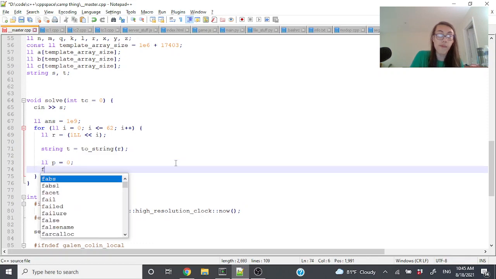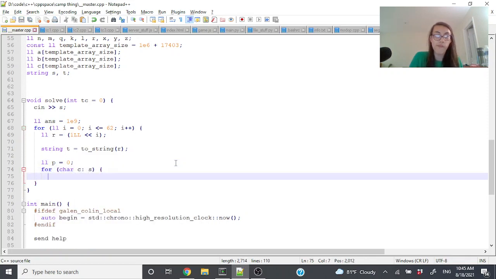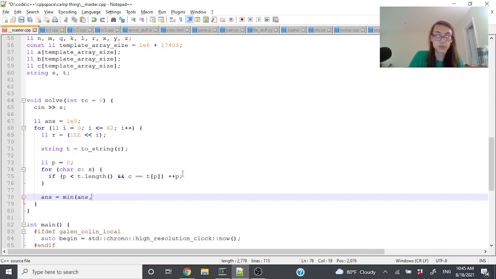Okay. What am I doing? No, if c is equal to t p, two times p is the number of characters saved.